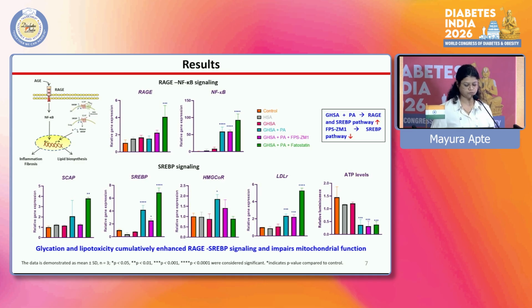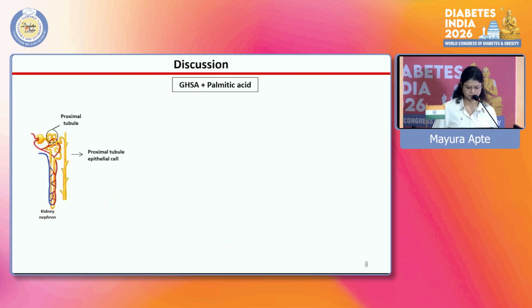Moreover, we also observed a reduction in ATP levels due to this association of glycation and palmitic acid, indicating that mitochondrial dysfunction has taken place.